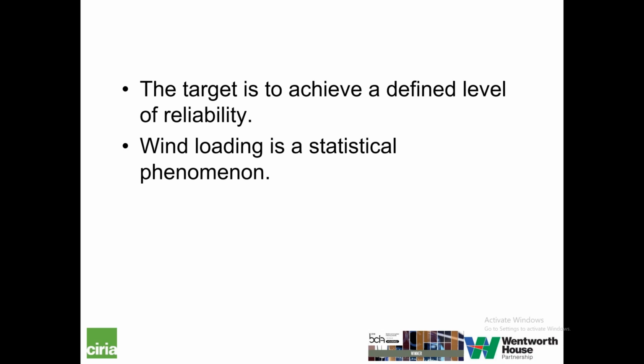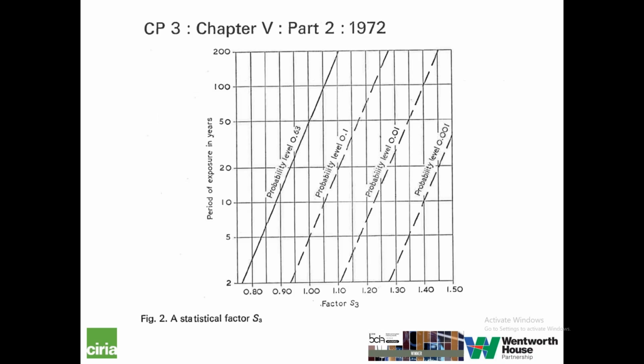Now we have another statistical feature, which is wind, which is a statistical factor. Those of you who are as old as I am may remember CP3 Chapter 5 Part 2, which gave you a nice little chart of the statistical factor with different probability levels for different periods and years.